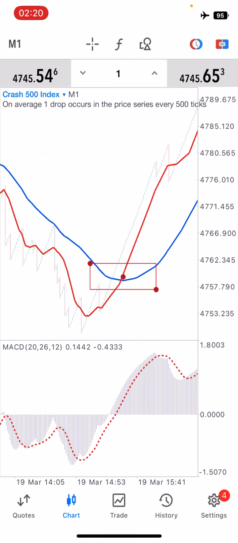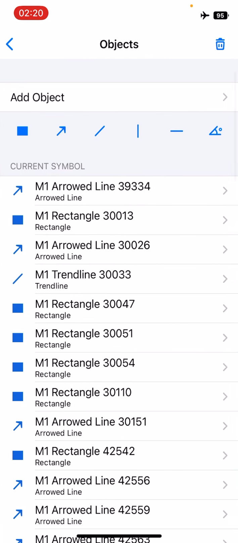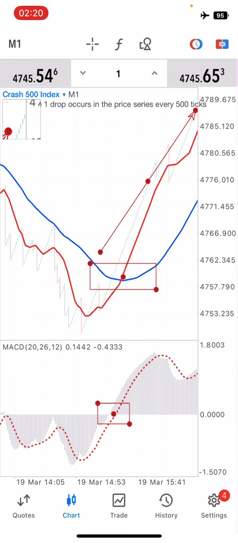This time we expect our red line and our candlesticks to be above the blue line, rather than on Boom where we said it should be below. This time it should be above, and then we also have our MACD crossing to be above our zero line instead of being below. And as you can see, guys, our price respected that movement.